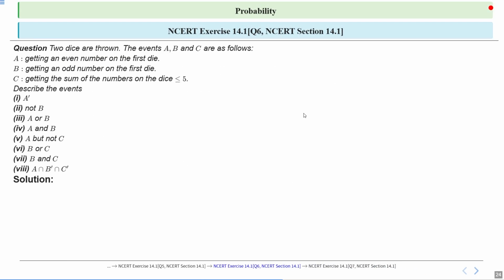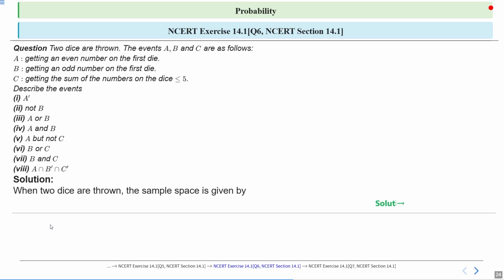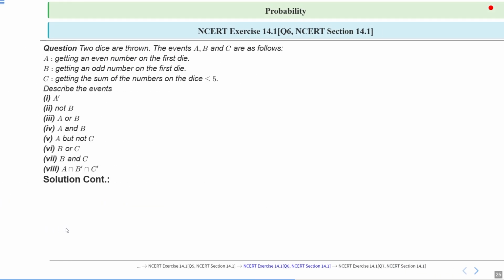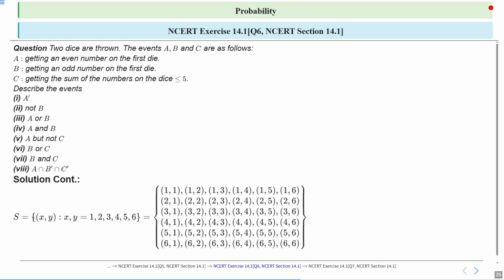When two dice are thrown, the corresponding sample space is given by S containing the ordered pairs (x, y) such that x and y are each 1, 2, 3, 4, 5, 6.